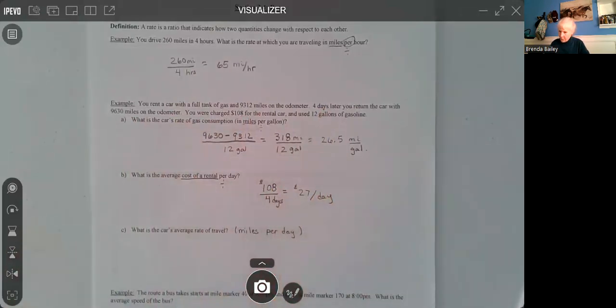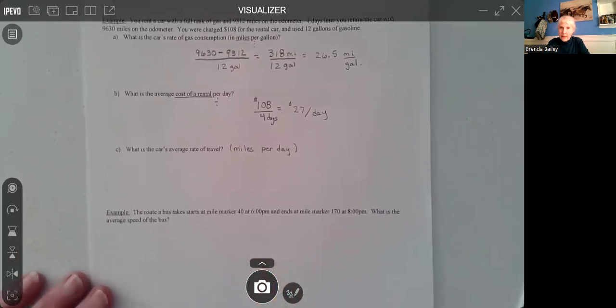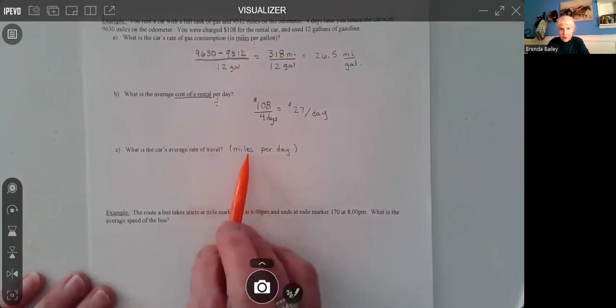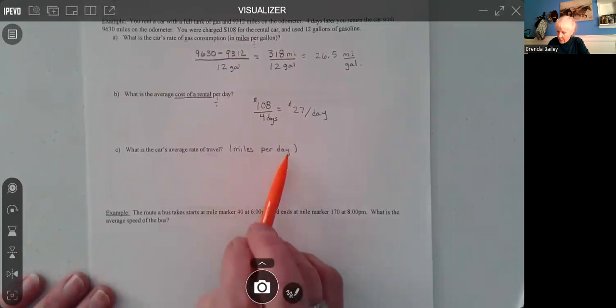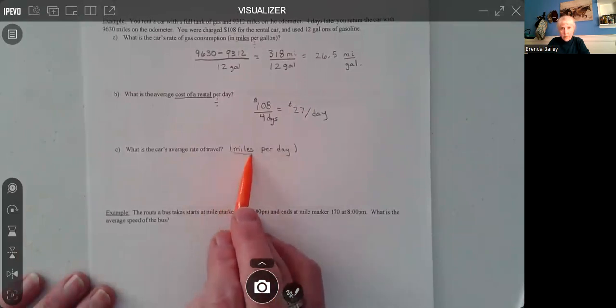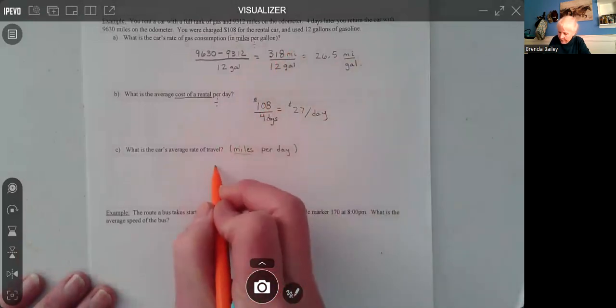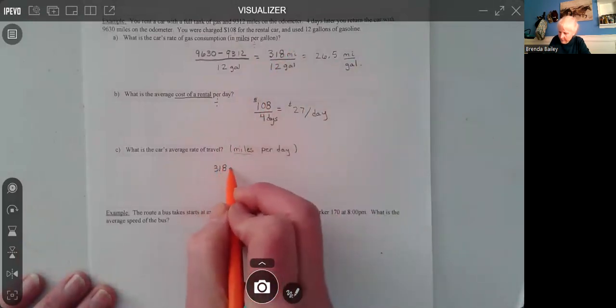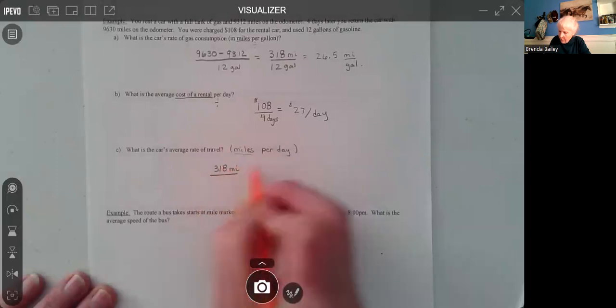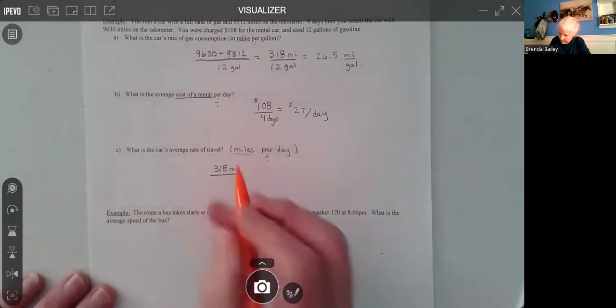Let's go do our next rate. What is the car's average rate of travel? Now, they didn't tell us the units. It's something that we needed to do, so I added this, and it's not in your notes. You want miles per day. So you'll take the number of miles that you traveled, and the number of miles we traveled, we figured that is 318, per, so we'll divide by the number of days, which is 4.